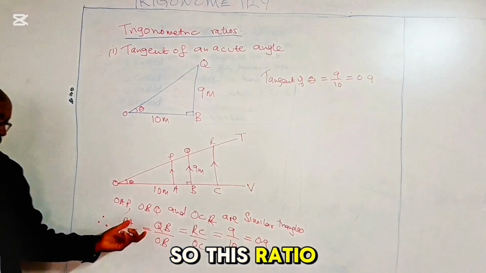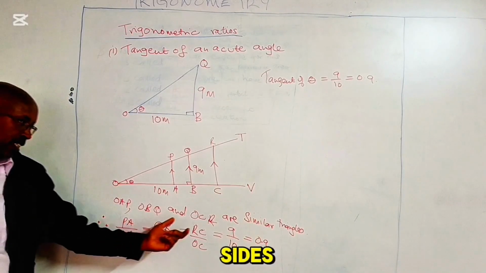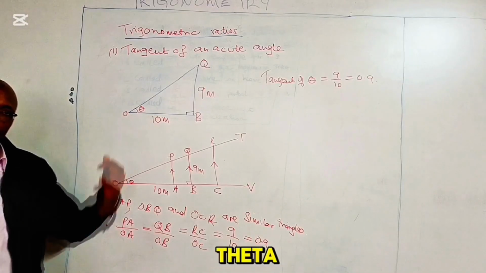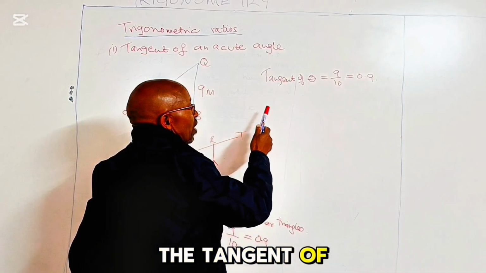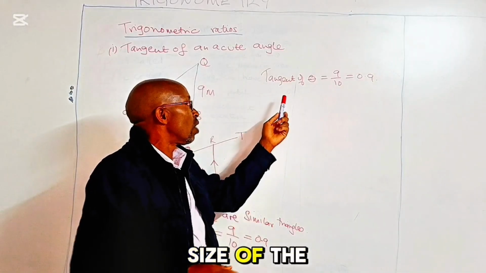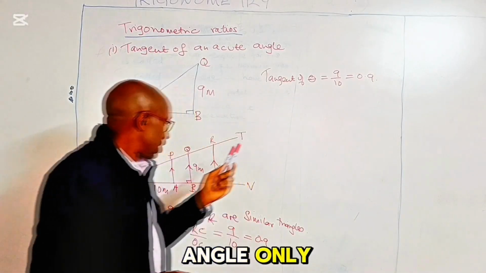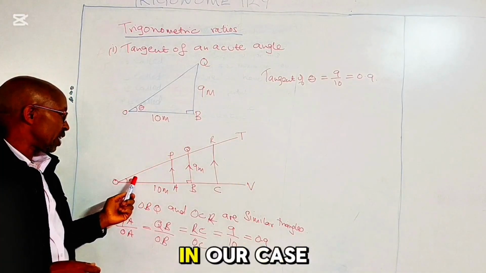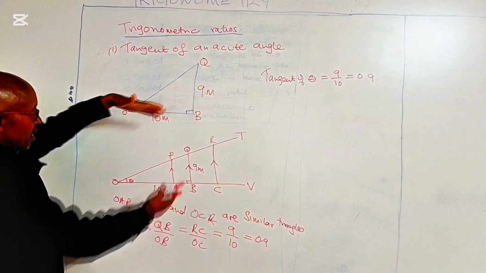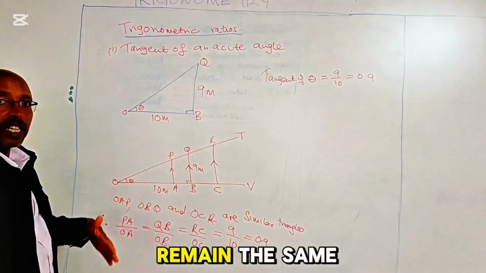The tangent of an angle depends on the size of the angle only, in our case angle theta. Even if you make the angle bigger, the constant ratios remain the same.